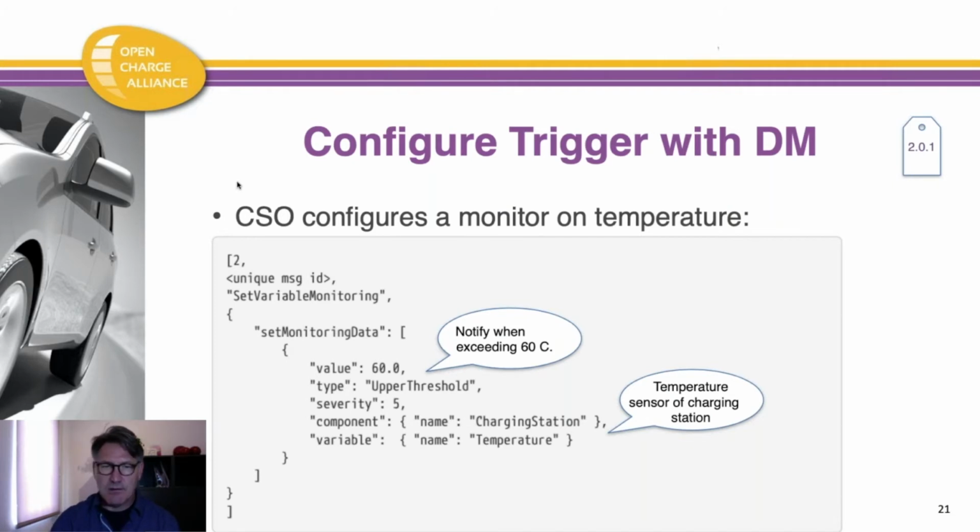So you set a monitor for an upper threshold of 60, and whenever this value exceeds 60, the charging station will send the notification. I think it shows a bit the power of the device model and how much you can already configure without the need to create custom messages.